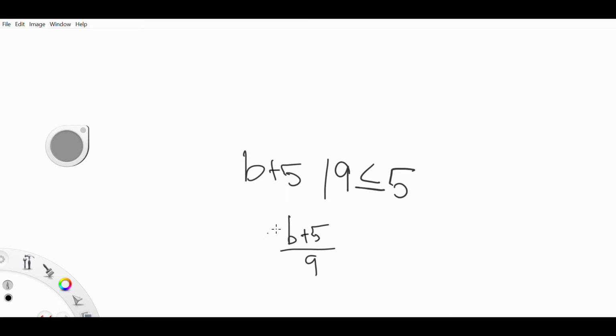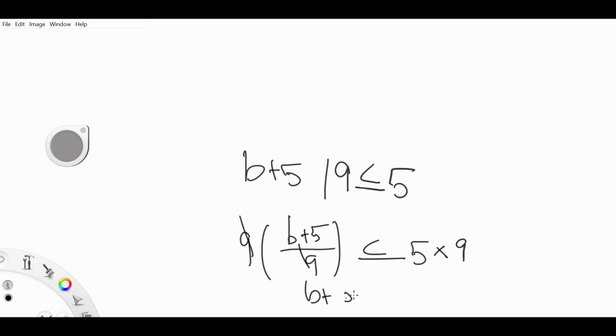So let's do this one. b plus 5 over 9 is less than or equal to 5. For this one first, we would multiply 9 on both sides. So b plus 5 over 9 all times 9 is less than or equal to 5 times 9. So we'd cancel out the 9s.